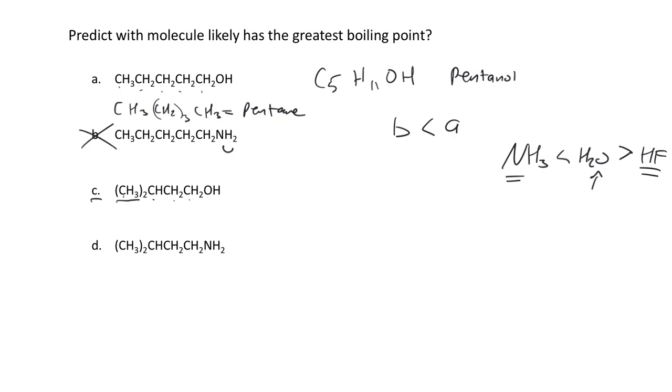If I count up all the hydrogens, that's 6, 7, 8, 9, 10, 11. So it's still a C5H11 hydroxyl group. So it's the same formula. It's isomeric to compound A, but the issue is I've introduced a branching point. So when I have this structure, and if I'm thinking of the way this compound looks, I weaken the intermolecular forces because I have this branching point.